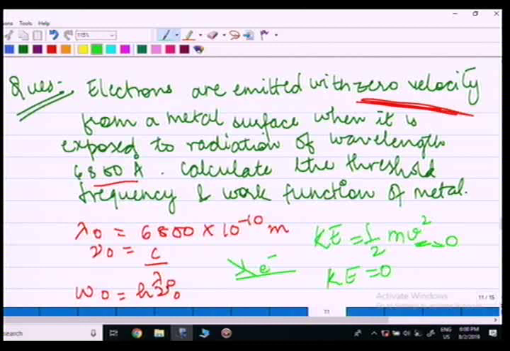So you have basically your kinetic energy as 0. If you know your equation of work function and threshold frequency, just plug in kinetic energy 0 there and now try to solve it. If you still have a problem, please don't be scared to ask again.